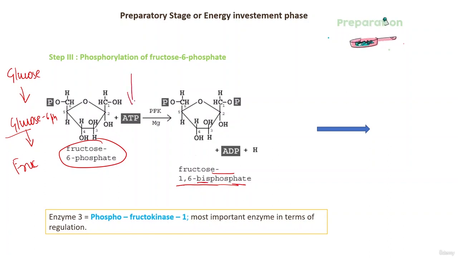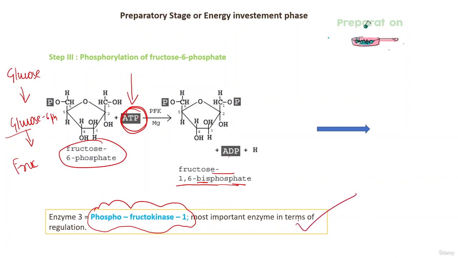Here again ATP has been provided to fructose 6 phosphate so that it could be transformed into fructose 1,6 bisphosphate, and the enzyme phosphofructokinase 1 has been used here, which is an important enzyme in terms of regulation.